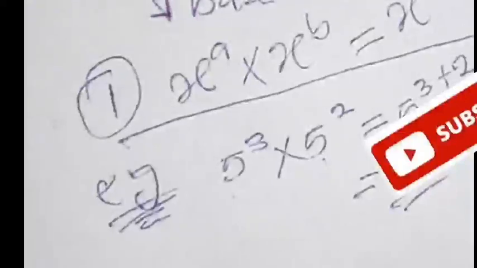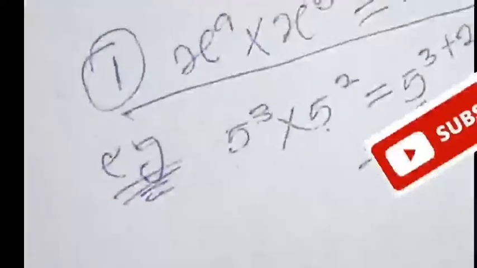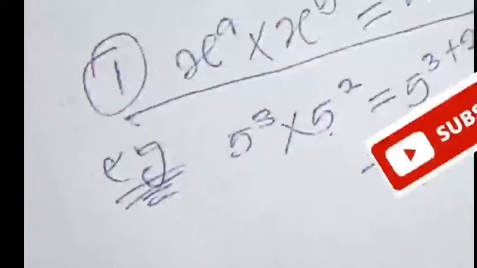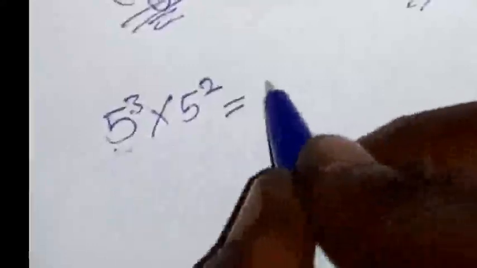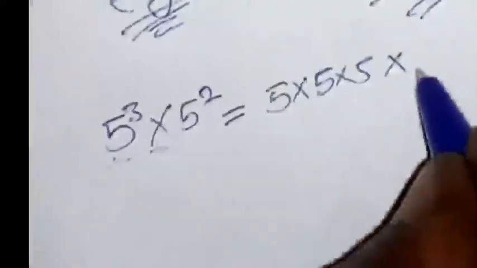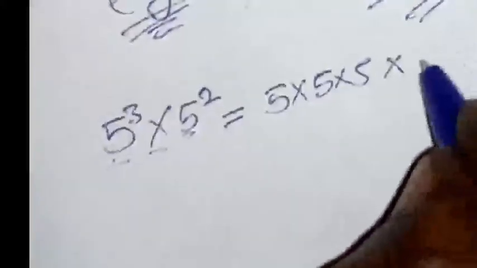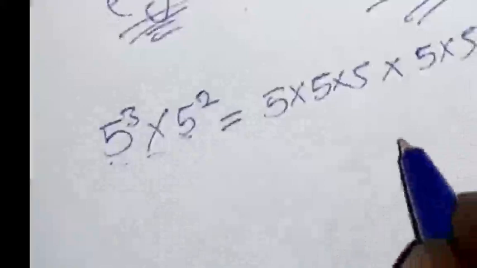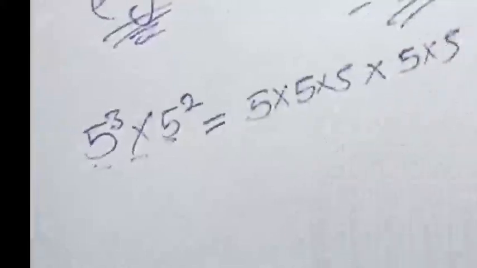But remember, in order to simplify this, we can still expand it in a normal way, whereby we say 5 power of 3 times 5 power of 2 is equal to 5 power of 3, which is just multiplying 5 by itself 3 times, 5 times 5 times 5, times 5 power of 2, which is just multiplying 5 by itself 2 times, 5 times 5.